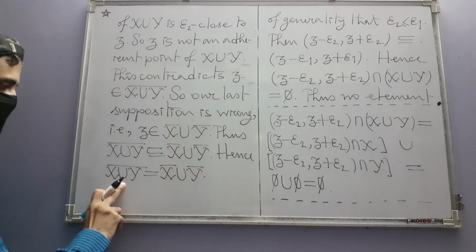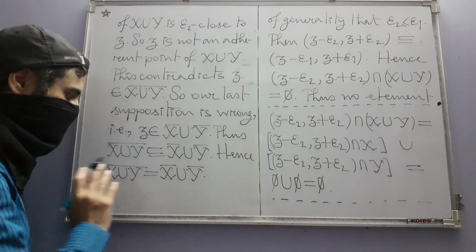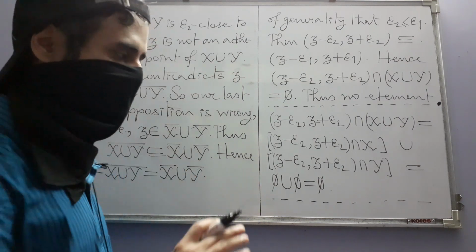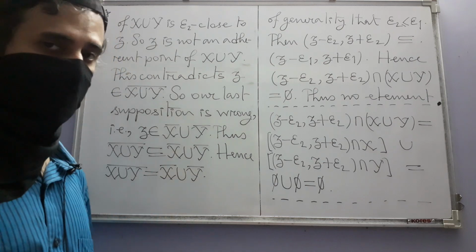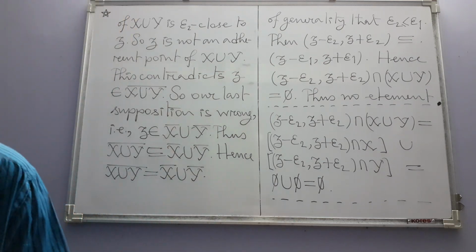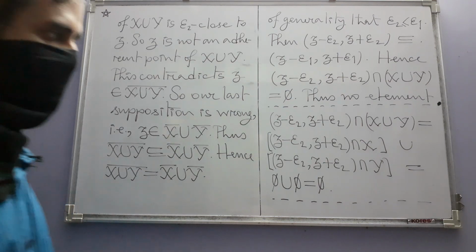So if we have union, we get equality. But in case of intersection, we just simply get containment. There are examples which show that we cannot have equality in general when we have intersection. Okay, we will see that. But let us now next see our next result.